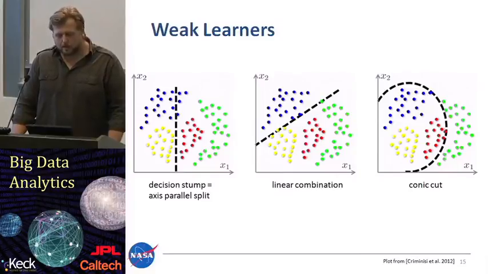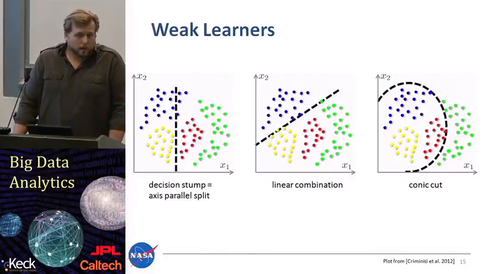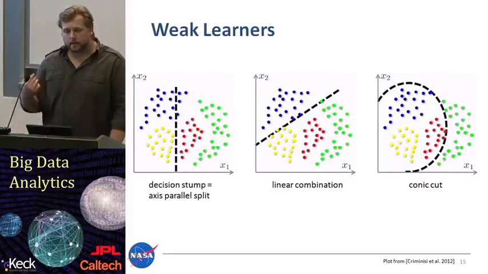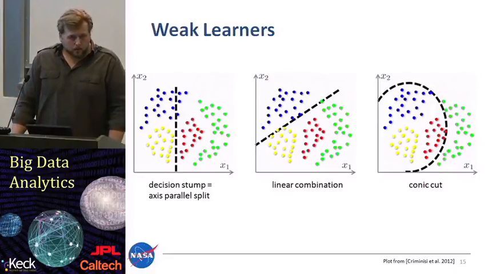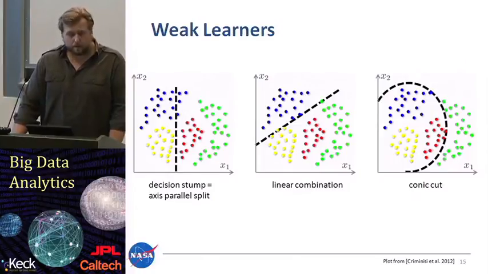We could, for example, use linear combinations of features as seen in the center plot, or as seen on the right plot, we could use, for example, conic cuts to get a more localized estimation of these features. Theoretically, one could also use trees, neural networks, or support vector machines at these splits, but that would defy the reason to use these trees, and that's the enormous simplicity and transparency of the final model.